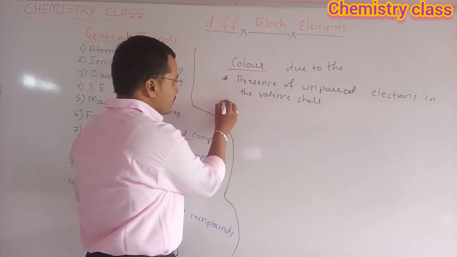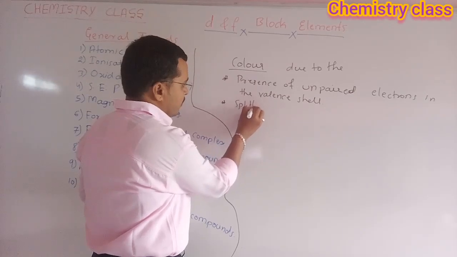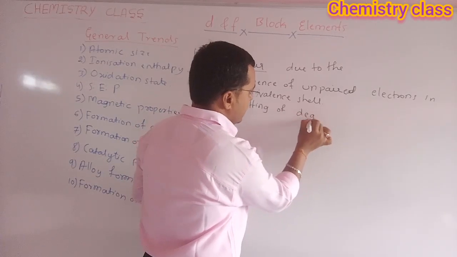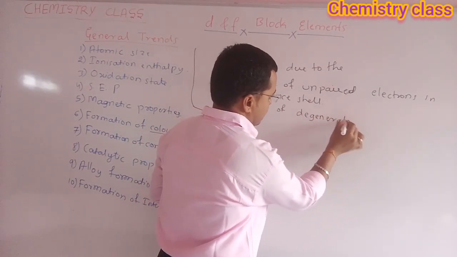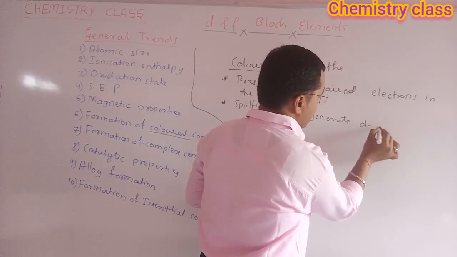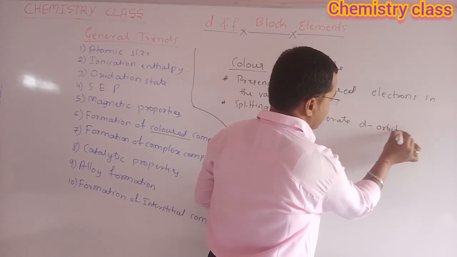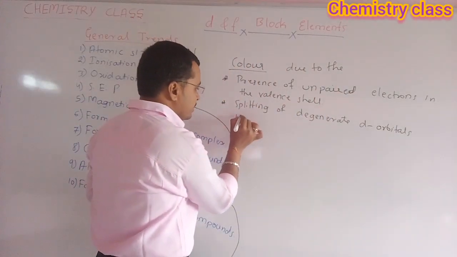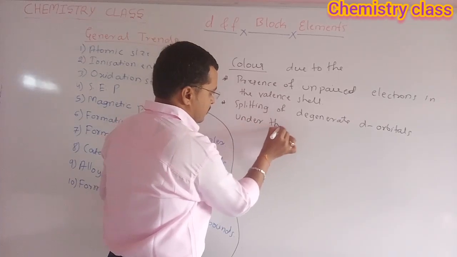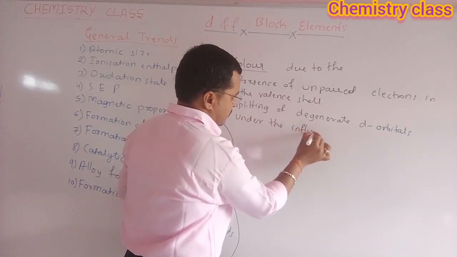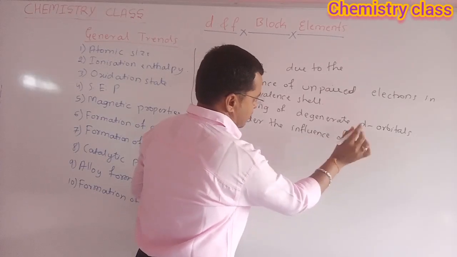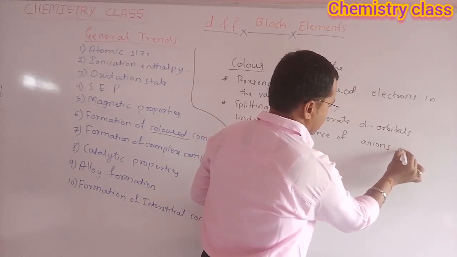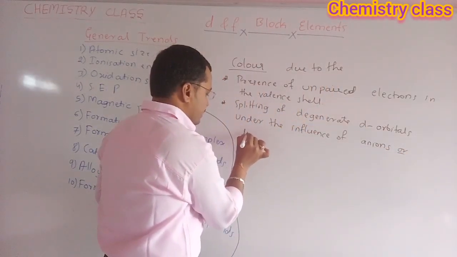And another one is the splitting of degenerate d orbitals under the influence of anions or ligands.